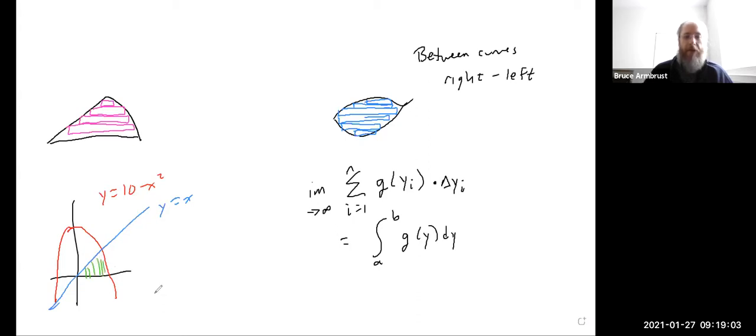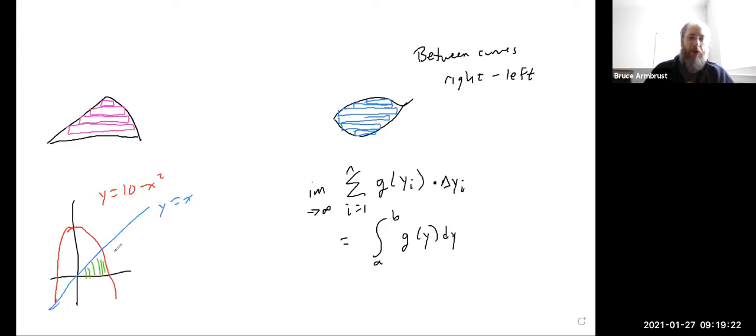Let's find that area. It actually has the same kind of shape. It's got a line and then a parabola. So if we were to do it vertically, we'd have to split it into two. Well, instead, here's what we're going to do.